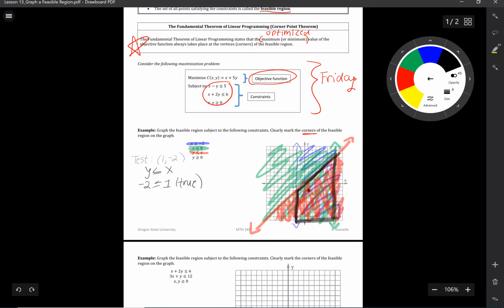And now I have one more constraint. y is greater than or equal to 0. So I need to graph the line. It's going to be solid. Here is the line y equals 0. And I need to be greater than it, so I am all up here.